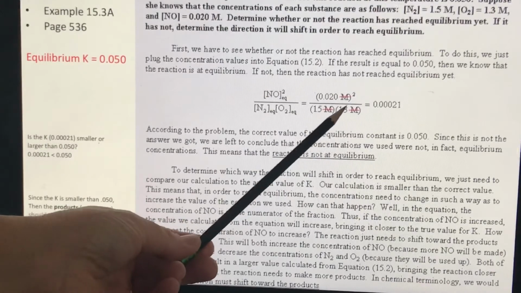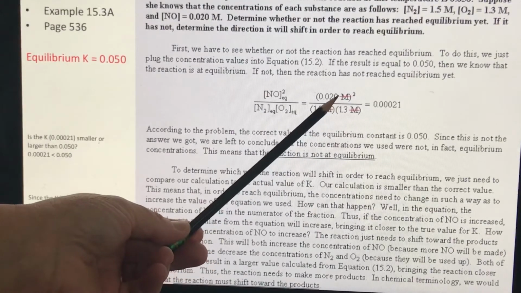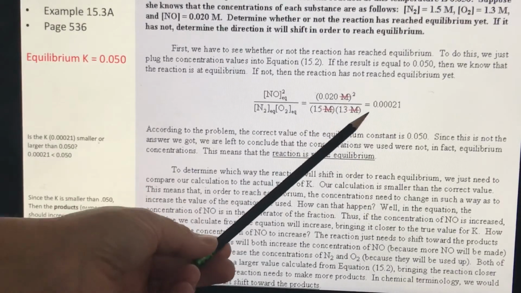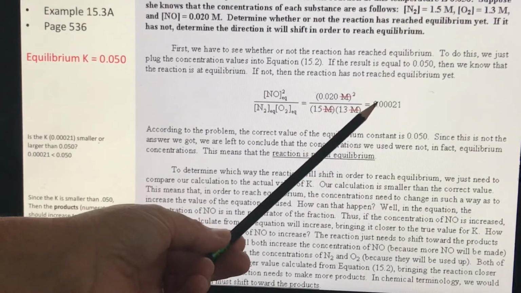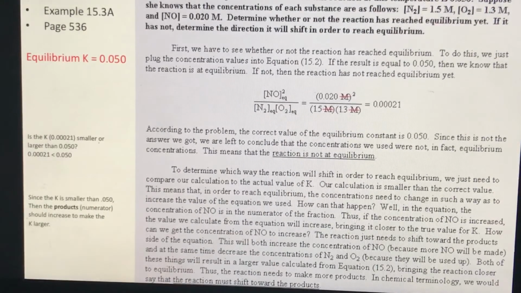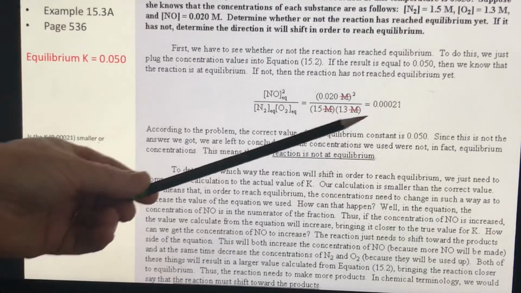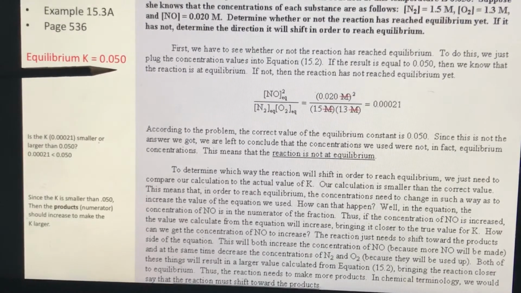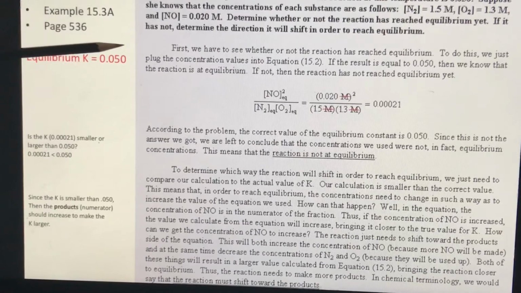Our units are going to cancel out because we have M squared in the top and M squared in the bottom. So our final answer is 0.00021. So now our question is, is this value larger or smaller than the one for equilibrium, the 0.050?